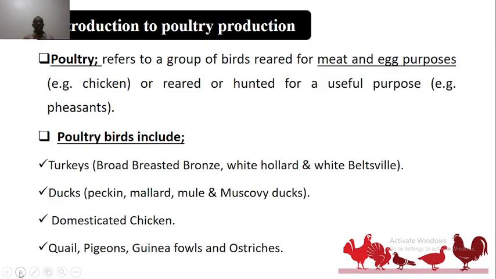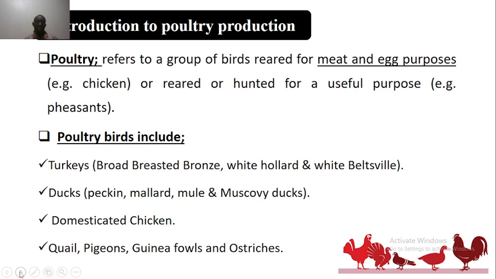We refer to poultry as a group of domestic birds that are reared specifically for two purposes: meat and egg production. Meaning, these domesticated birds that are reared for meat and egg, we refer to them as poultry. For example, we see chicken. We rear chicken for the purpose of egg or meat.